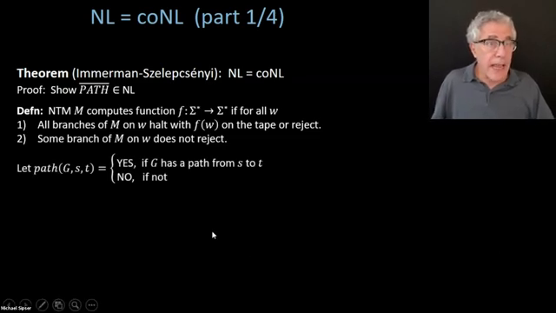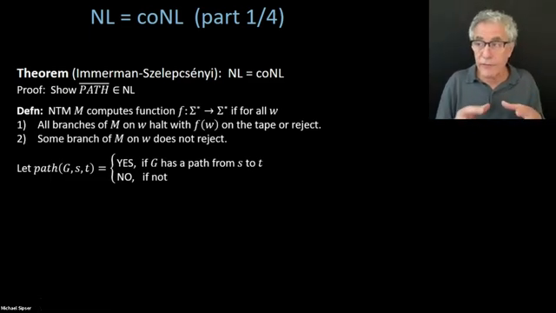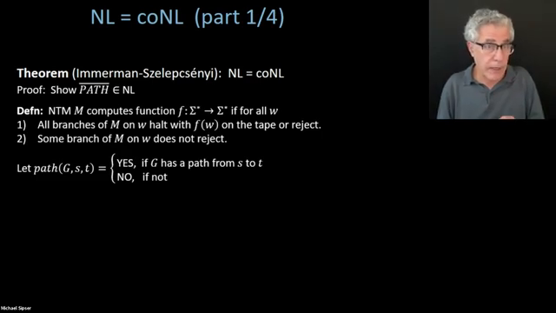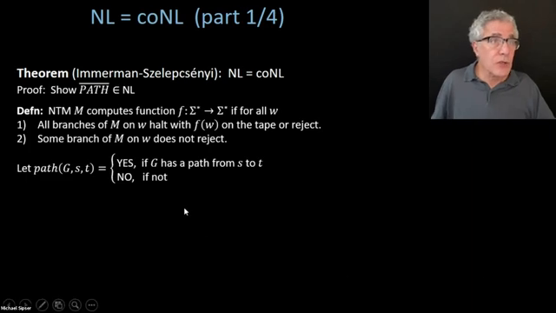In particular, this PATH function, which incorporates both the positive and negative of PATH, both when there is a path and when there is not, because the function has to answer yes when there is a path from S to T, and no when there is no path from S to T. Okay, so if you can do this, you're done, because you can make an NL machine which would accept whenever the function says no.